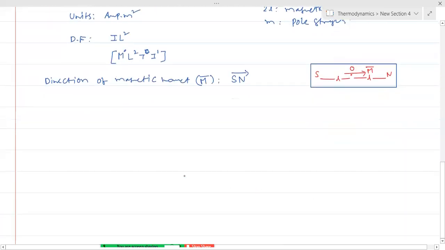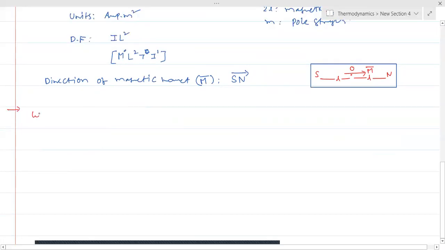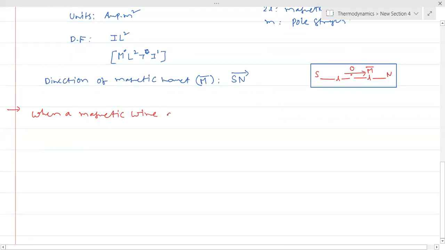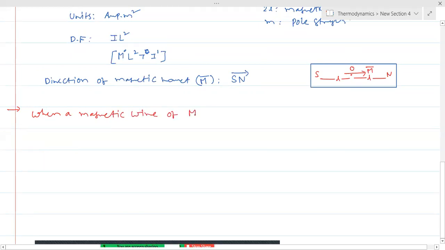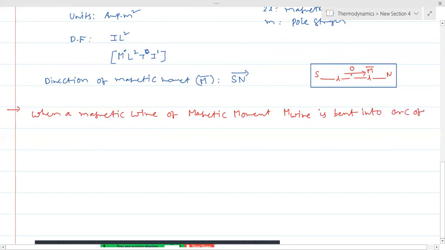Next, we discuss what happens when a magnetic wire of magnetic moment, for our convenience we change the notation, M wire, is bent into an arc of angle theta.